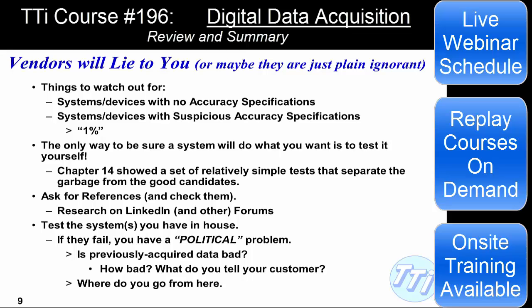A year or so ago, I had a very good example of this where one of the students went back to their lab, found out that their data that had been acquired for the past 5 years was completely corrupt, and he was a strong enough political guy to get everything changed and honest enough to tell the people that had data that they'd acquired that their data was no good, and a lot of it was redone from there. If your system is no good, you have got to be honest about it. You've got to play the political game.